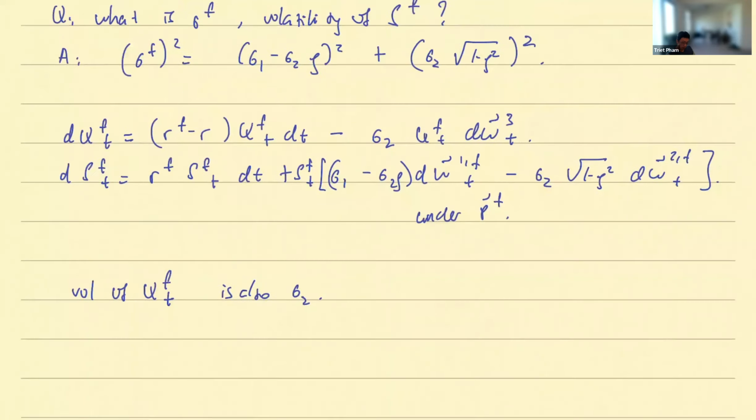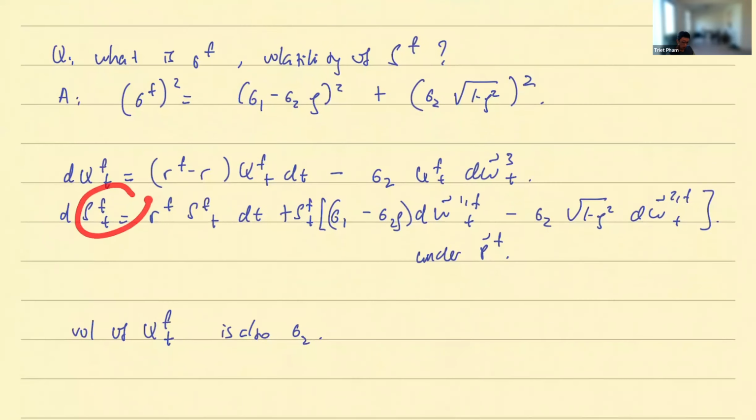On the other hand, the volatility of the stock gets changed in a more complex way than just that. In fact, the volatility of the stock cannot stay the same. It will get mixed with the volatility of the exchange rate, but also take into account the correlation.